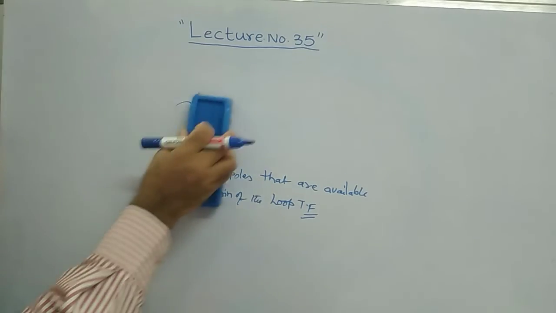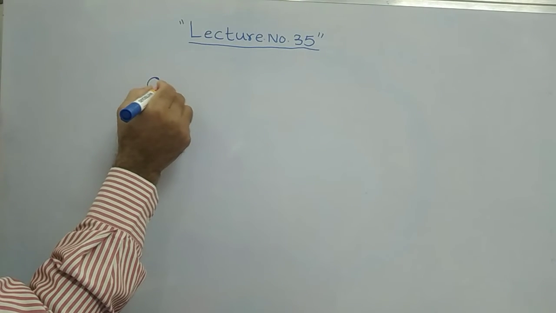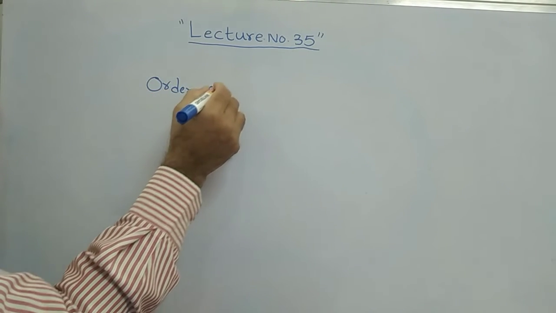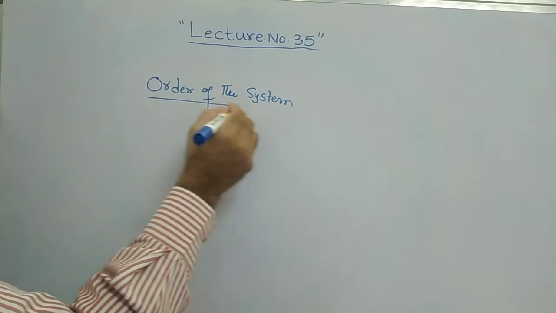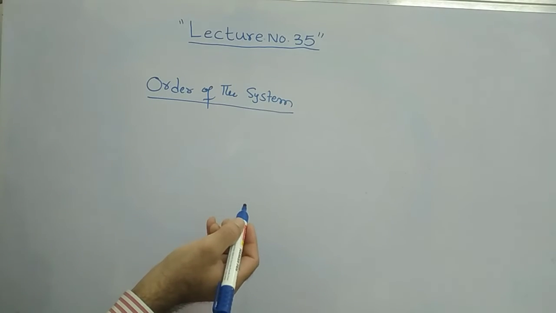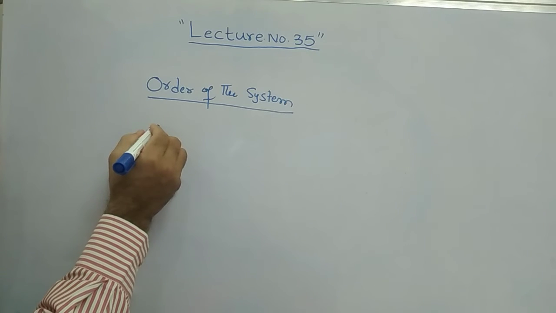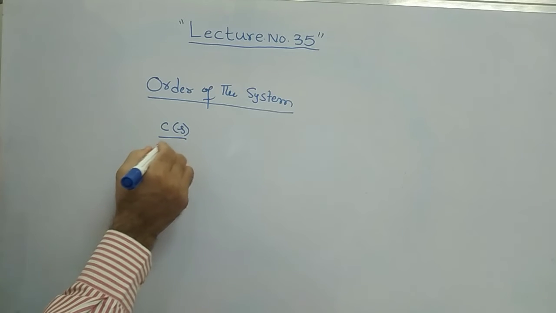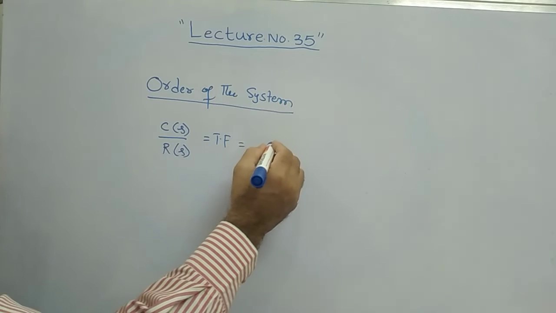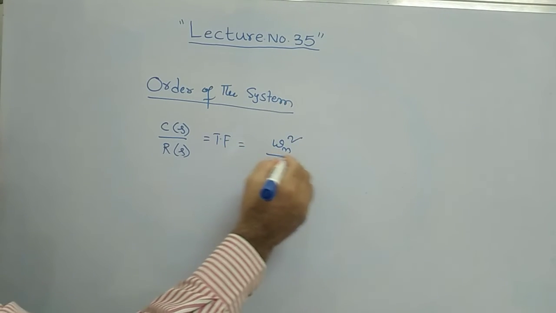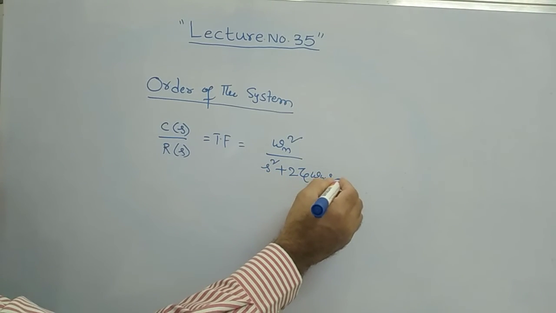Now, coming to the order of the system. What is the order of the system? Order of the system means the order of the control system. It is also like the type number, but here, in general, for any second order system, the transfer function C of s by R of s equals omega n square by s square plus 2 zeta omega n into s plus omega n square.